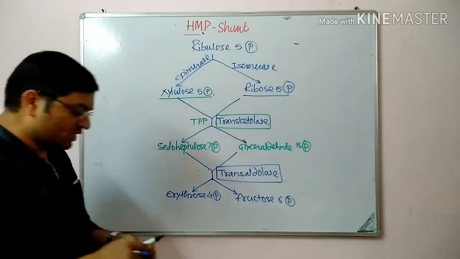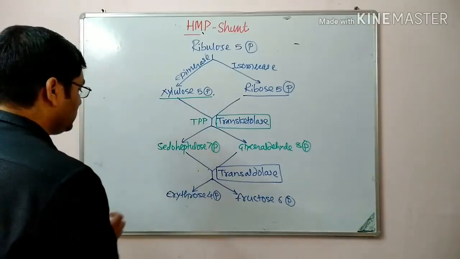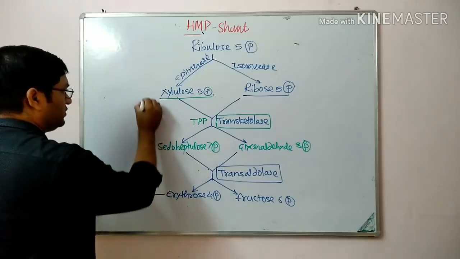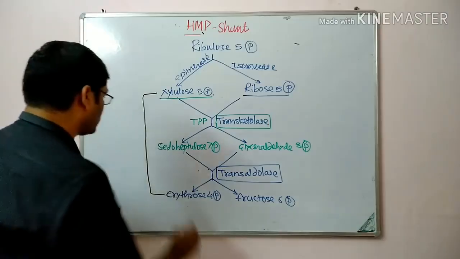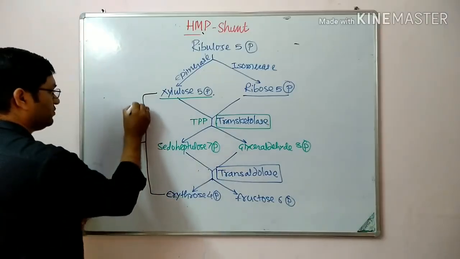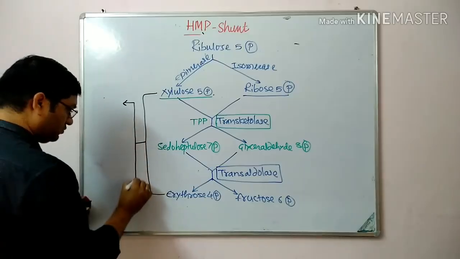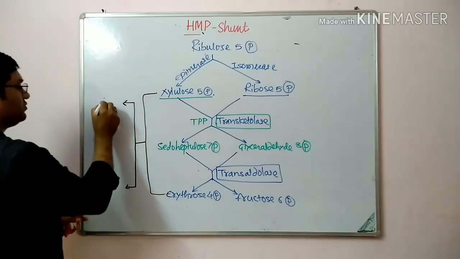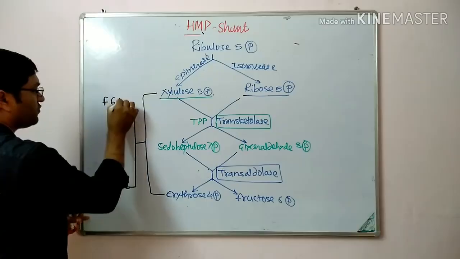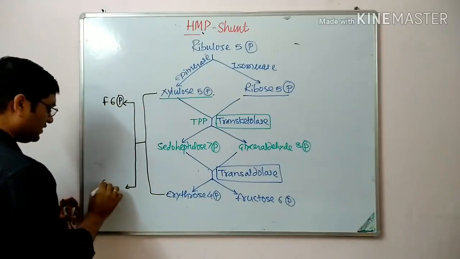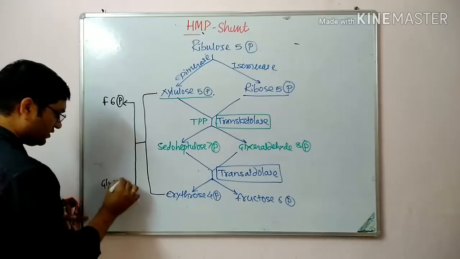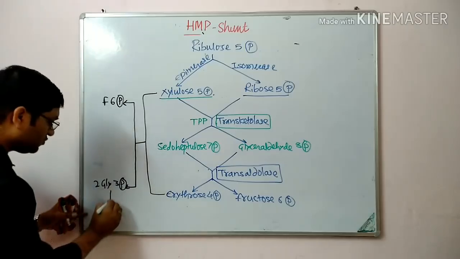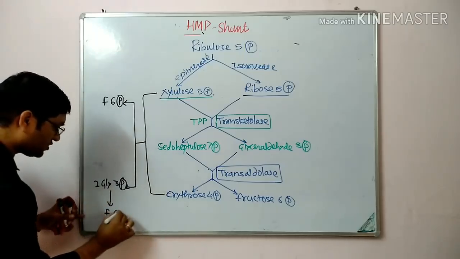Again, there is a transketolase reaction in which this erythrose 4-phosphate condenses with xylulose 5-phosphate to form fructose 6-phosphate and glyceraldehyde 3-phosphate. There is formation of 2 molecules of glyceraldehyde 3-phosphate, which gives ultimately fructose 6-phosphate.